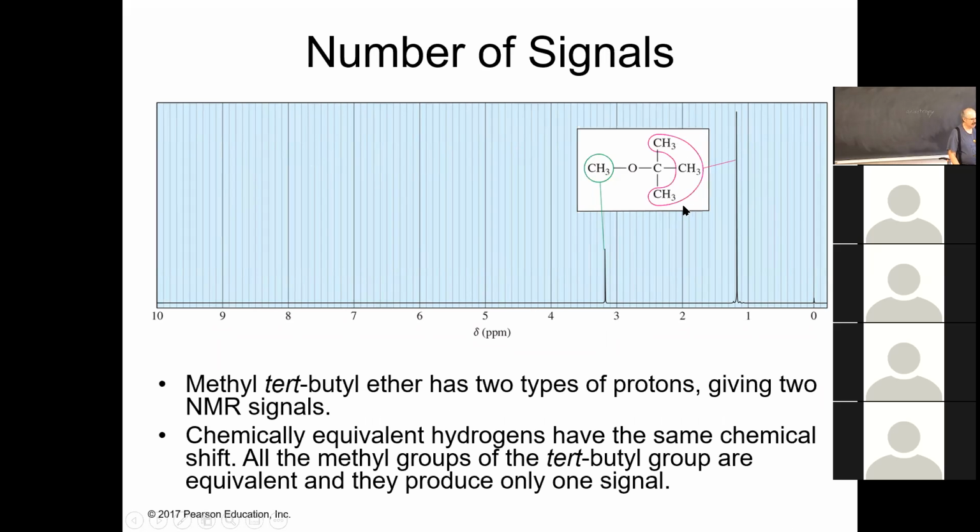And since there's 9 of these, we'll have a larger peak than for the methyl that's color-coded in green here. Okay, these 9 are all equivalent. They'll produce just one signal.